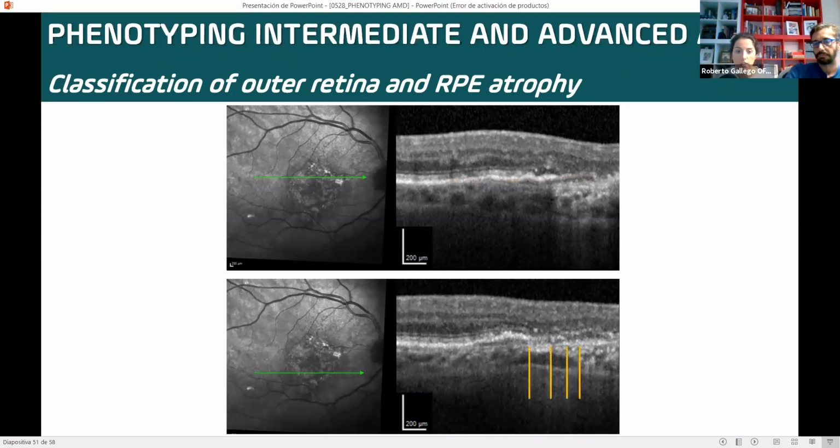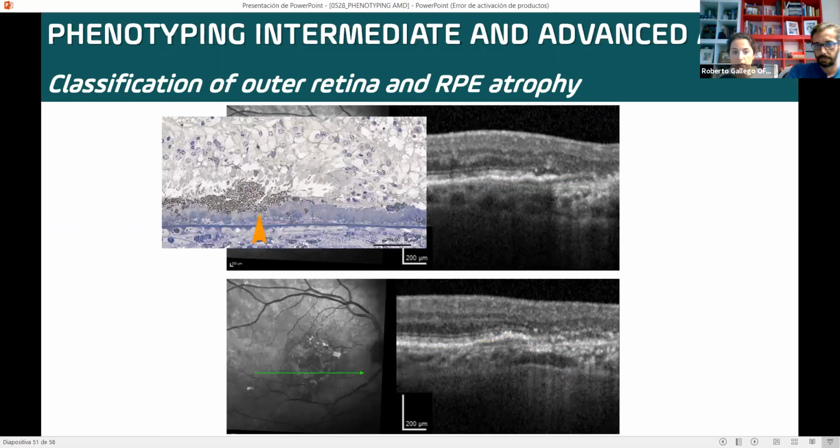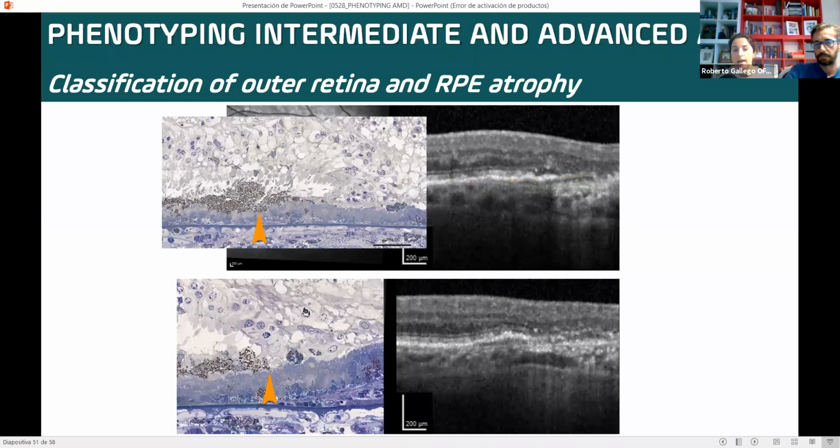But it's quite confusing in the OCT to establish a clear margin. Sometimes it's also tricky because we have linear hypertransmission, but not really a clear area of atrophy. And again, the RPE or basal lamina is there. So the RPE doesn't end in a really clear margin, but a rugged margin. And sometimes we have to find other margins.